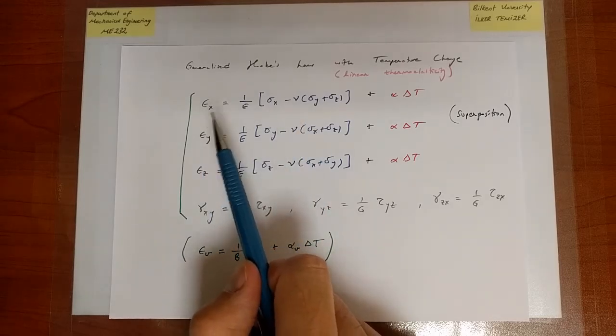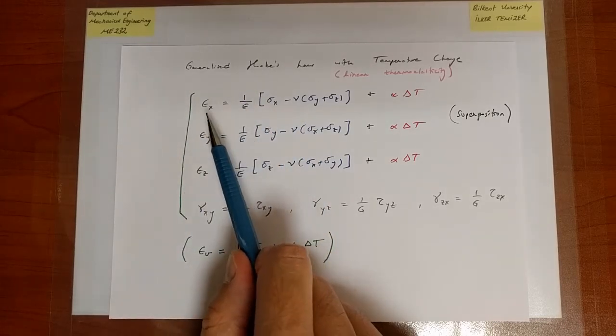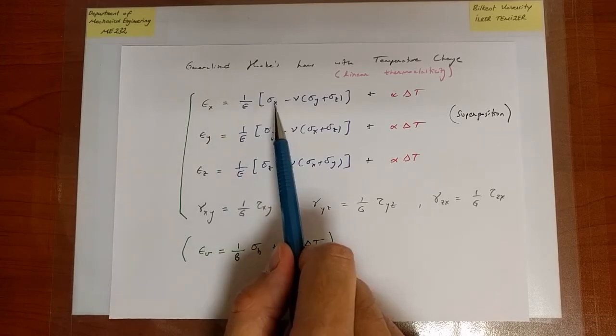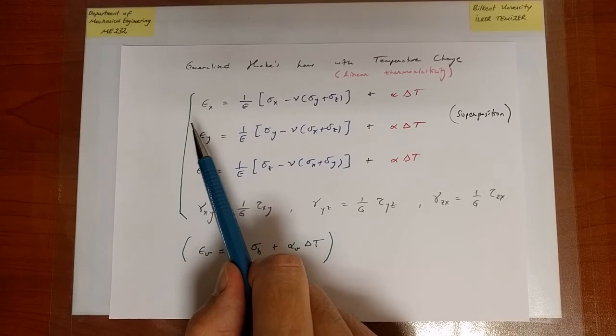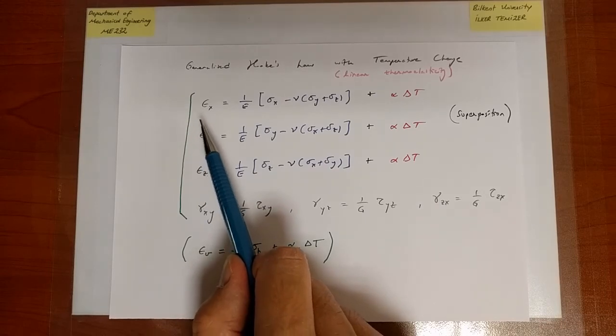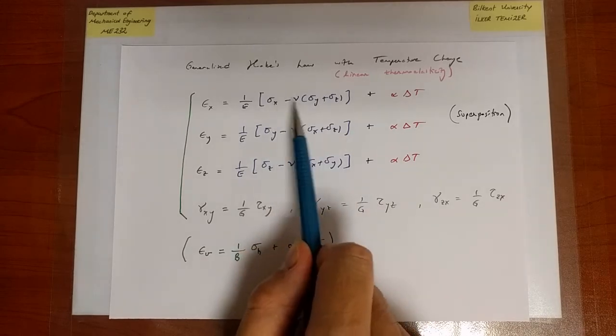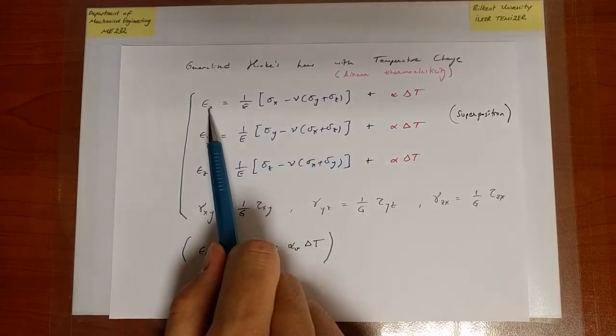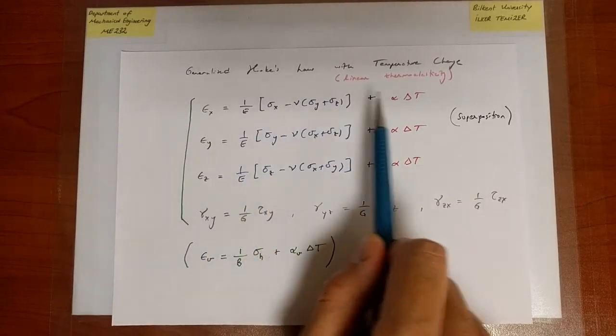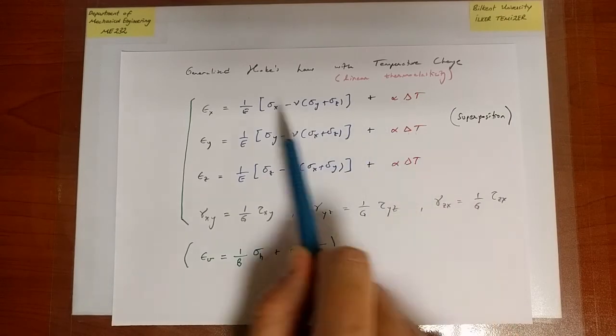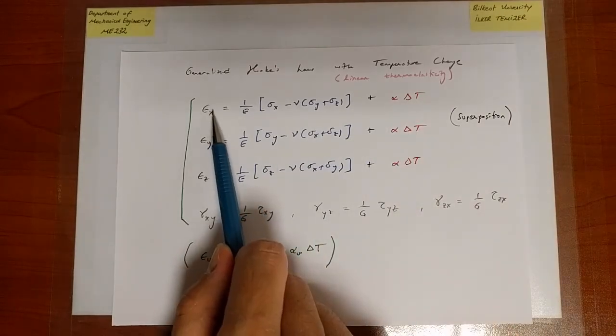We're only talking about normal strains, that loading could be a bending moment or an axial load. So if this is 0, it doesn't mean that the stress, or therefore the load, is 0. It means that the sum of the blue and the red contributions is equal to 0, right?